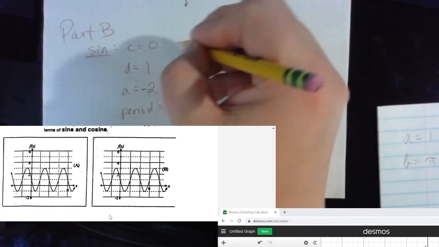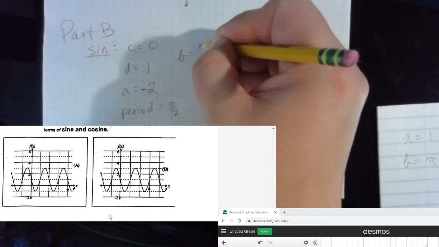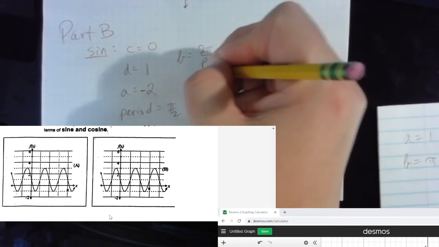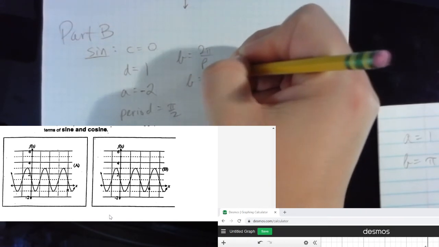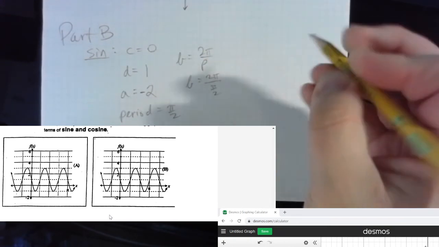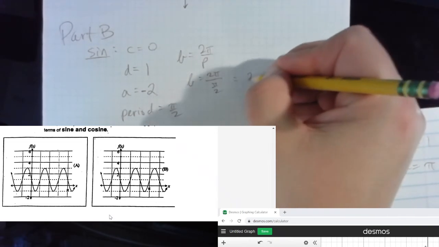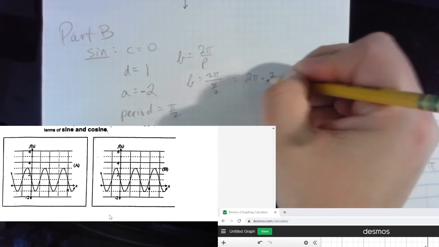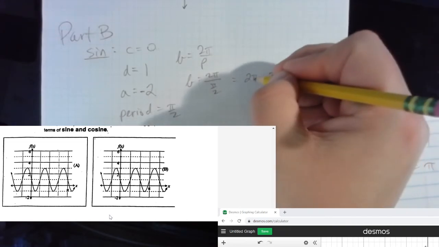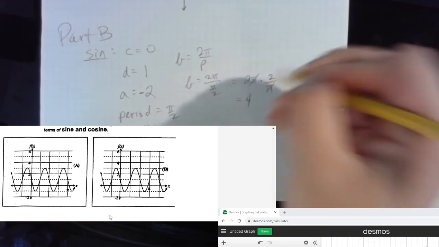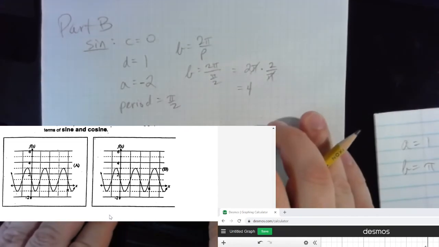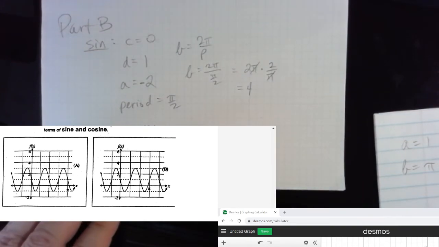So that's my period, and remember that b is equal to 2 pi over period. So b is equal to 2 pi divided by pi by 2, and we just talked about this. When you are dividing by a fraction, you multiply by the reciprocal, and so those cancel, and the answer for b is 4.